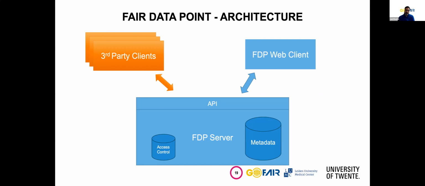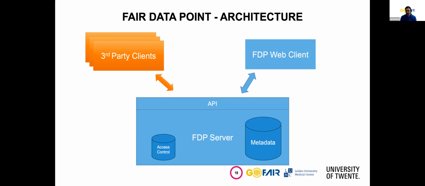Then we have applications that can navigate through this API and interact with the API, for instance, to retrieve the metadata content. And so you can have a number of different third-party client applications that can interact with the API.